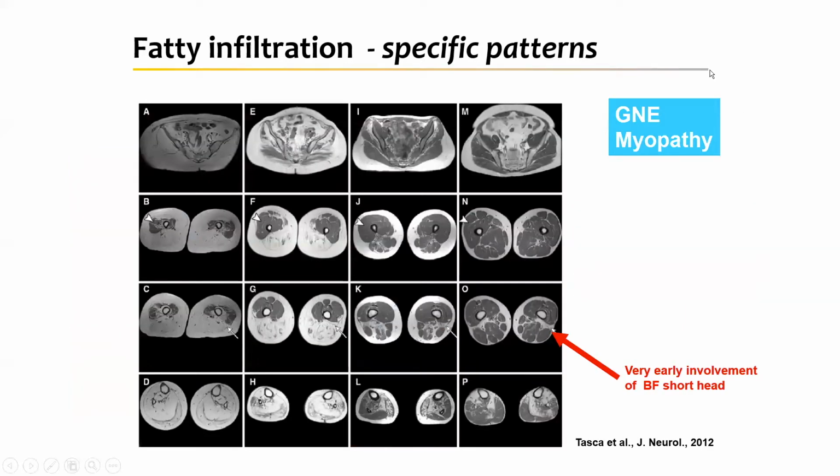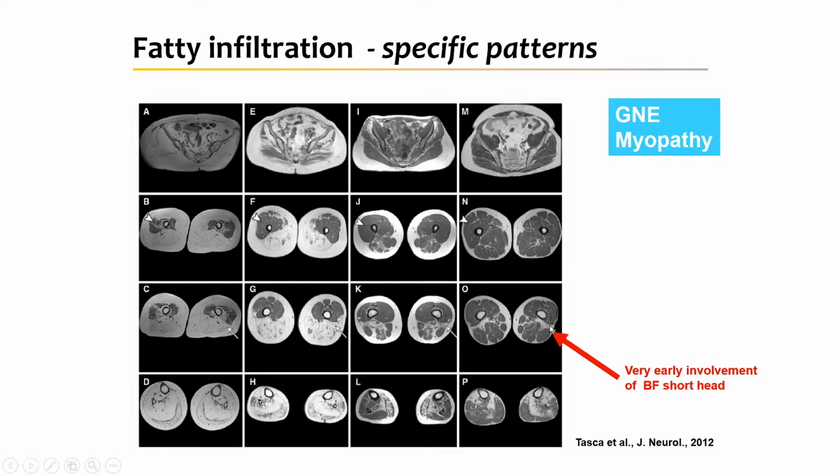Another interesting situation is quadriceps sparing, which is GNE myopathy, so the defective key enzyme in the synthesis of sialic acid. And you understand why it is known as quadriceps sparing, because this is the last muscle to be destroyed. And you see it very, very nicely. What is interesting is that at a very early stage, you have another sign, which is an early fatty replacement of the short head of the biceps femoris.